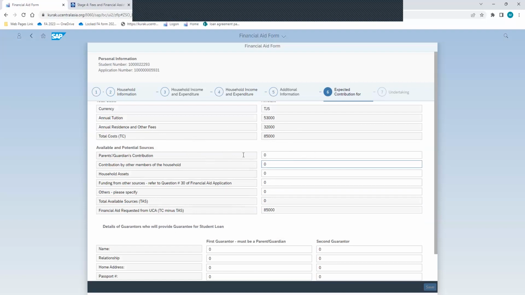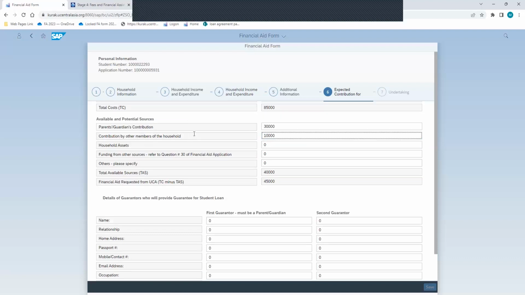So suppose your parents or your guardians are ready to pay 30,000, and maybe some from your household, or some uncle or aunt, are also ready to share some money with you, assuming that 10,000 Samanis they are ready to pay.